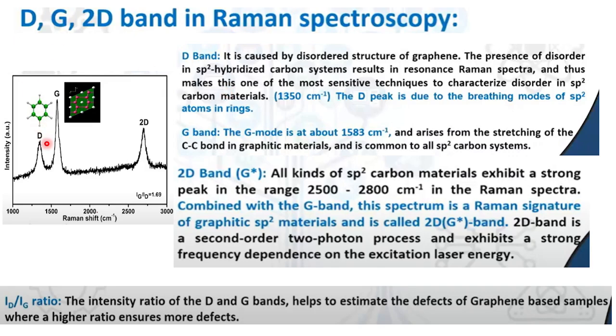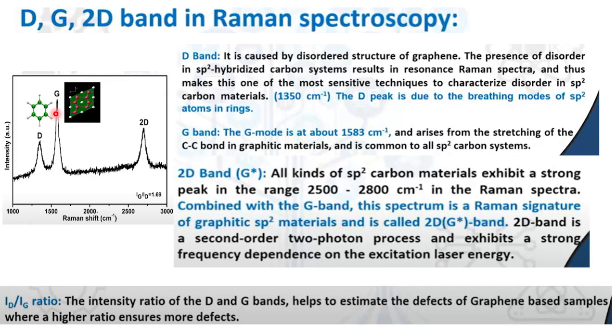So in case of these, the green are all sp2 hybridized carbon, if all are stretched in a similar direction. And the G band arises from the stretching of the carbon-carbon bond in graphitic type of material, and is common for all sp2 hybridized carbon material.